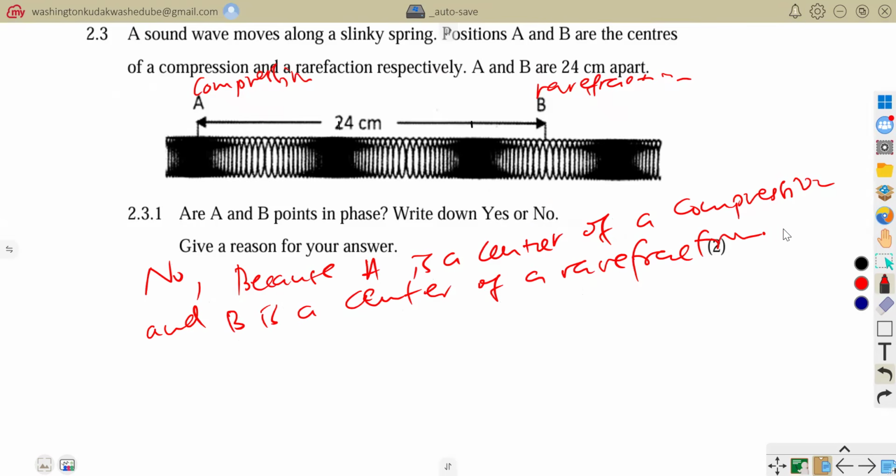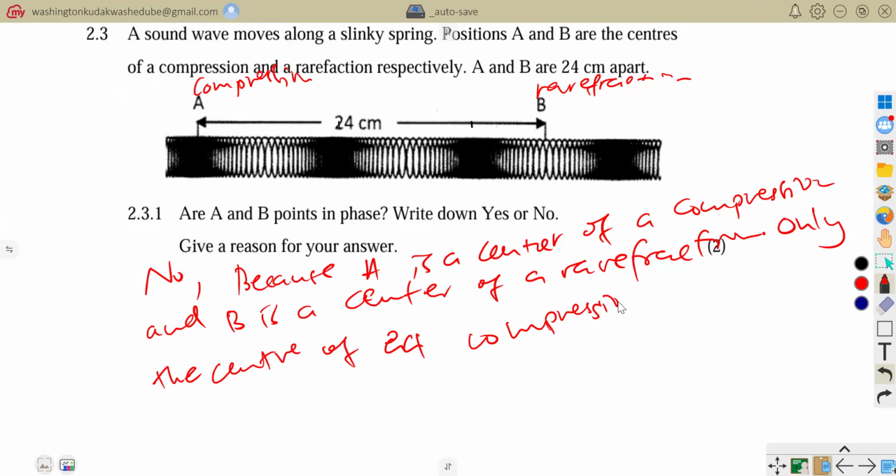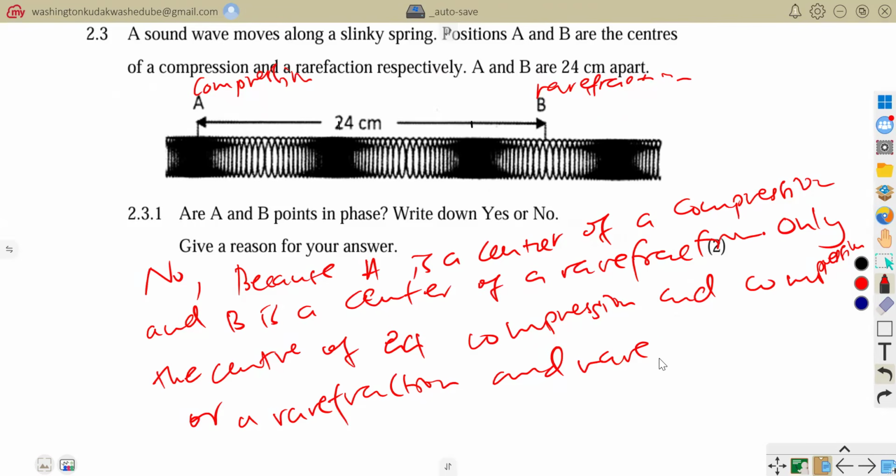You could have just come and said only the center of either a compression and a compression, or a rarefaction and a rarefaction, can be in phase. So that is what we're just supposed to write there.